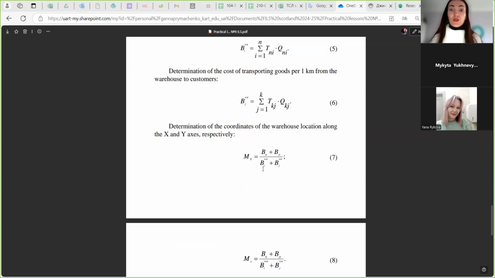And we can use some information in numerator and denominator. In the upper part of our formula, in our numerator, we write the result of our formulas when we calculated B with index ex add B with index jx.